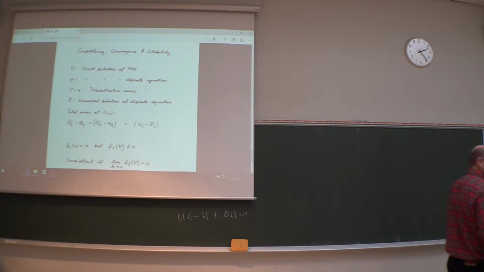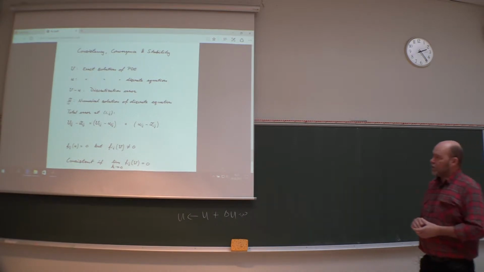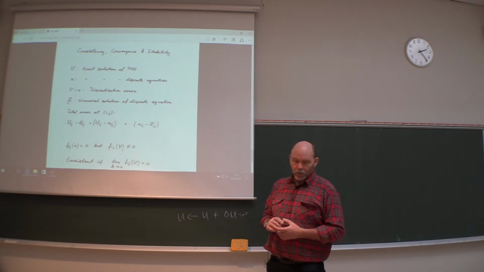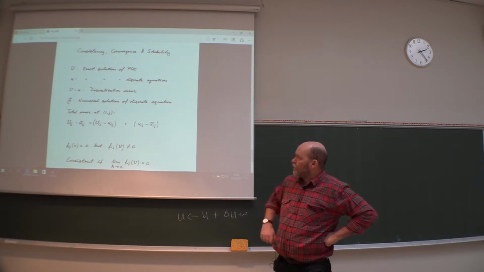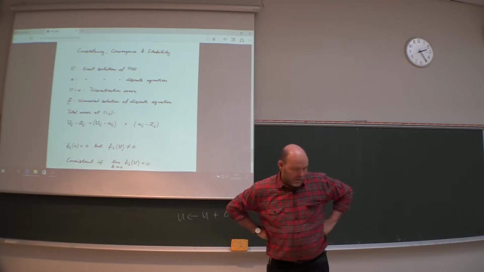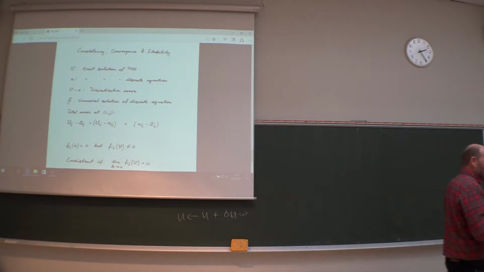We can't get it precisely, since now we are on a computer. What we can get is an approximative value, a numerical solution of our discrete equations. So this u with a wave over, that is what we actually have. So now it's depending on how many digits do you have on your computer, because it's going to be a difference here as well.